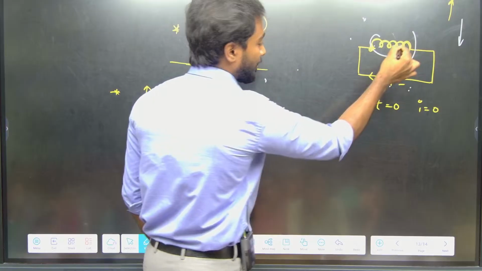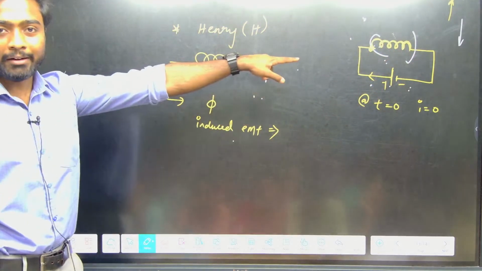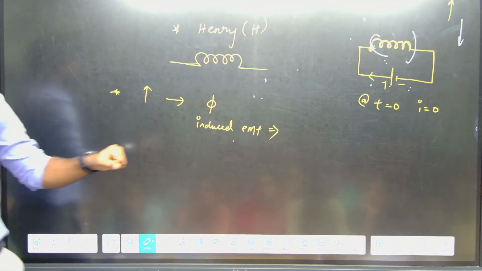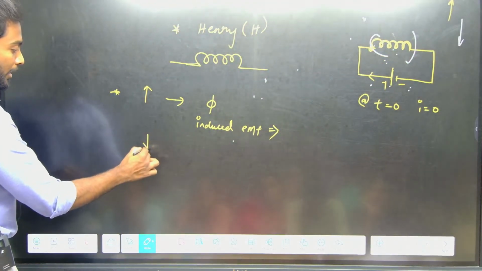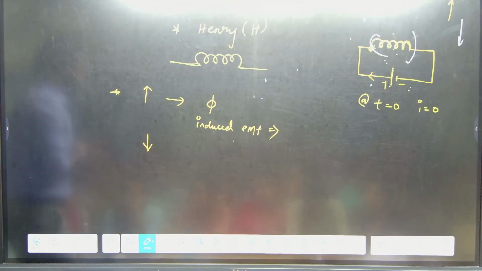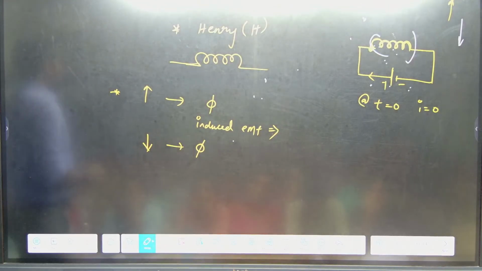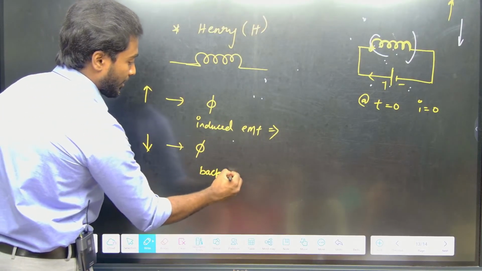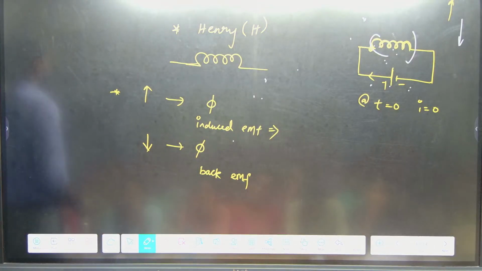Now what is the meaning of inductance? It will try to oppose the current, right? So induced current also will be created there, but that induced current is opposing. If the induced current is opposed, the magnetic field will be decreased, so flux also will change. That EMF is called back EMF.